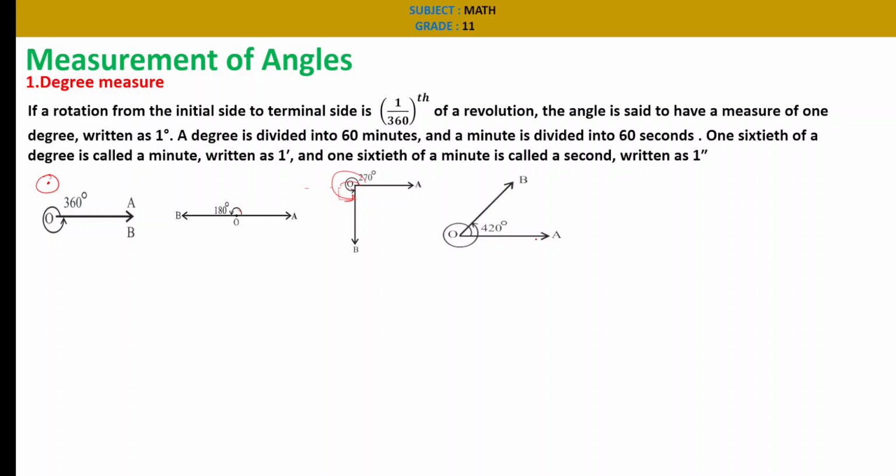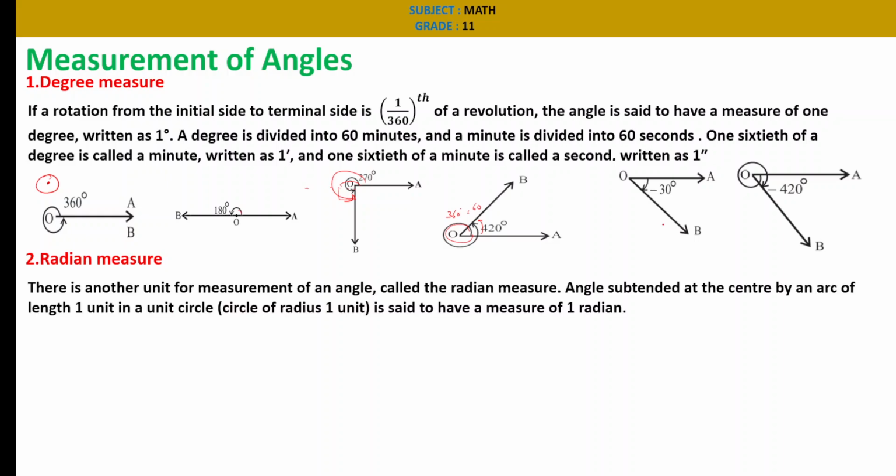And here this angle is 420 because first one rotation we have completed, this is 360. Again here this is 60 degrees. So 360 plus 60 is 420 degrees. Similarly, when we go in the clockwise direction, this is negative, that is minus 30. The next one is minus 420.